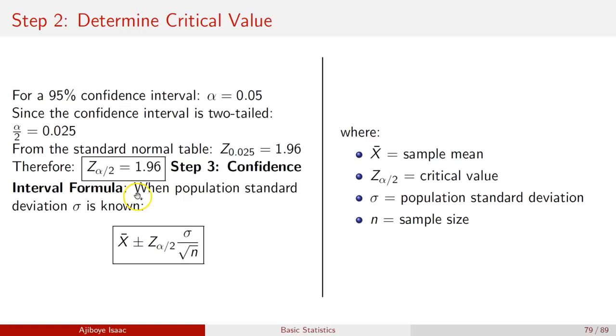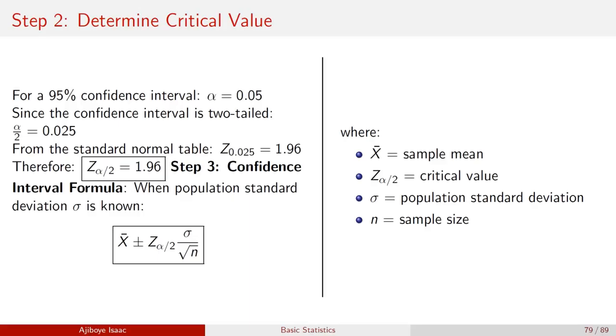In this case, we'll be using Z table, Z alpha over 2, that is Z 0.025, which is equivalent to 1.96 from the standard normal table. And we are using standard normal table because we know that population size is large and the sample size is equivalently large.